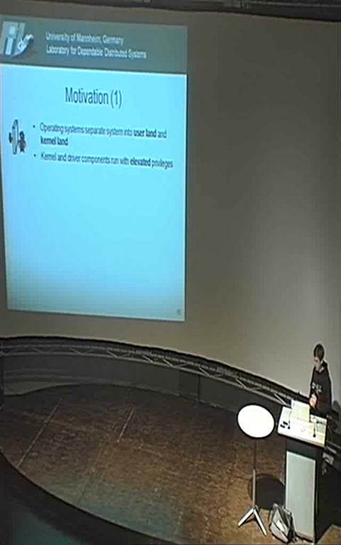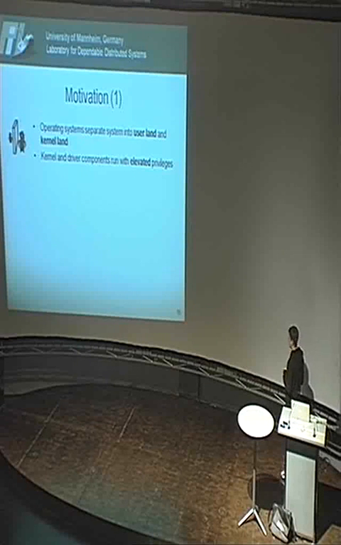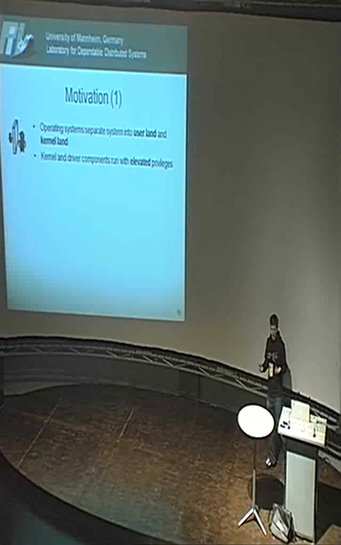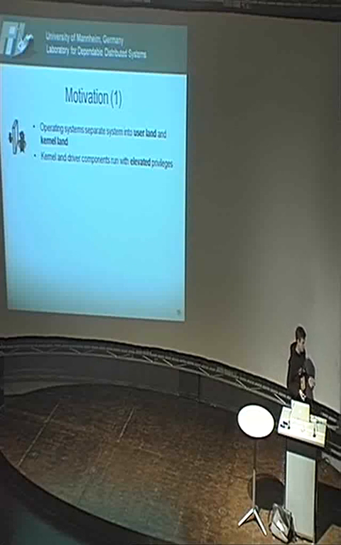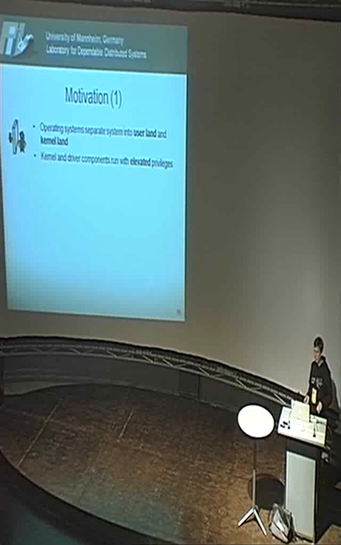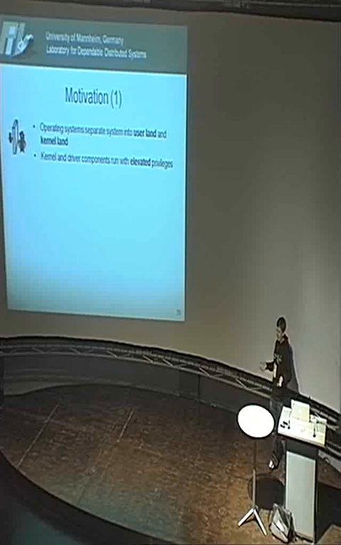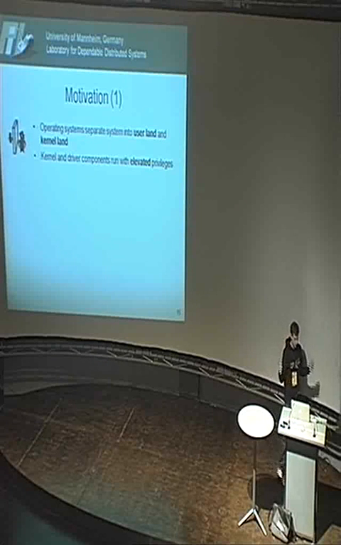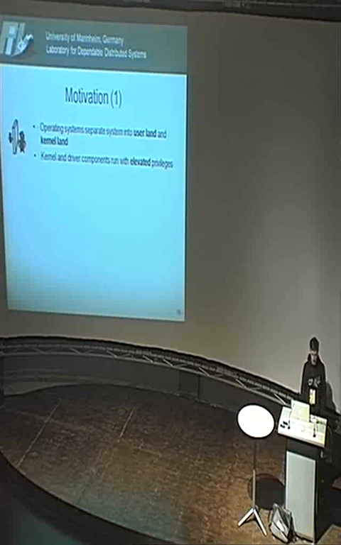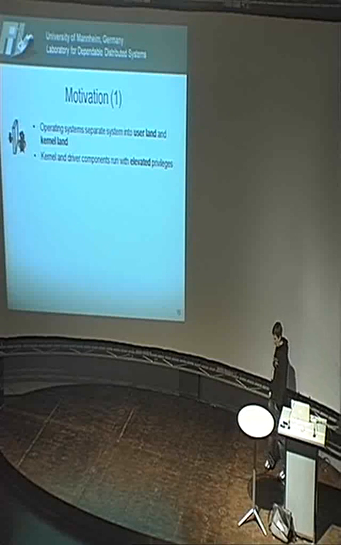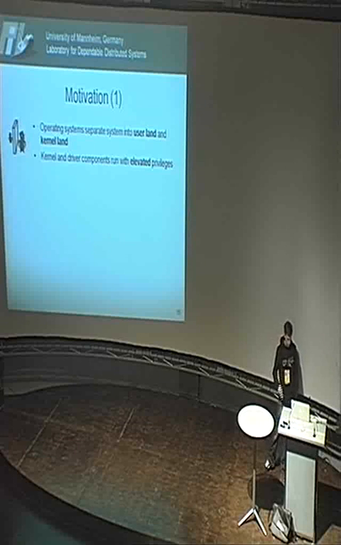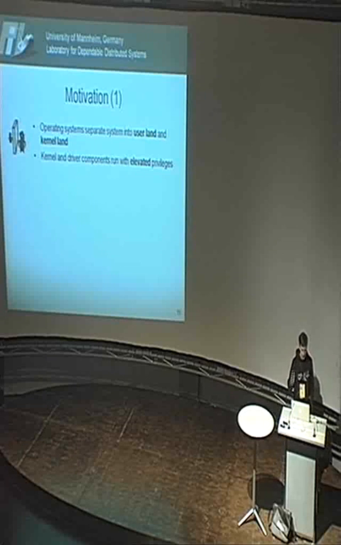The reason is simply that, let's assume you start your Windows calculator and there is some programming error in it, then you definitely do not want that error to crash your entire PC. You don't want a blue screen of death just because there was a division by 0 or whatever. This is why the operating system separates the system into privileged and non-privileged areas.